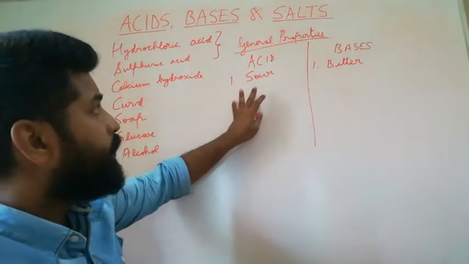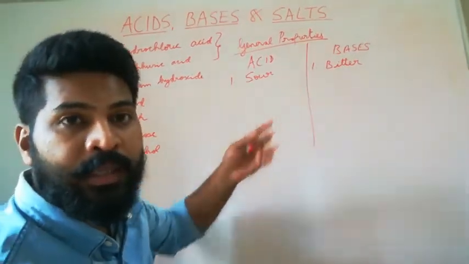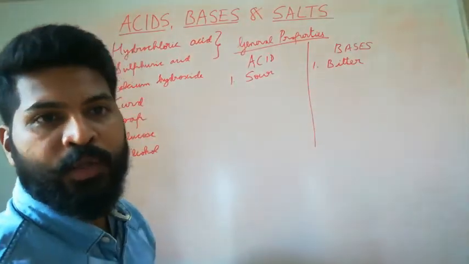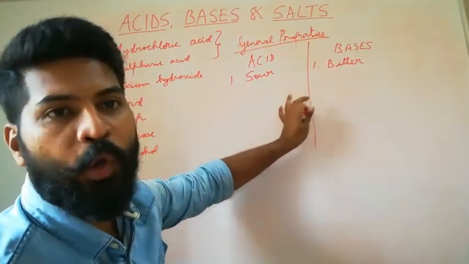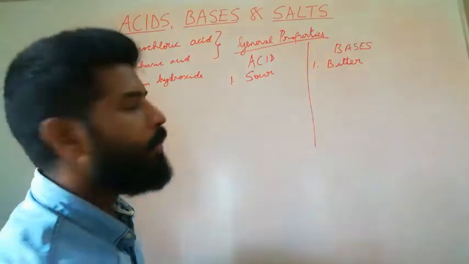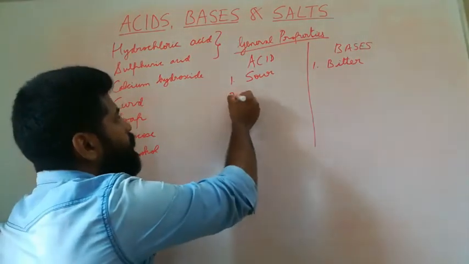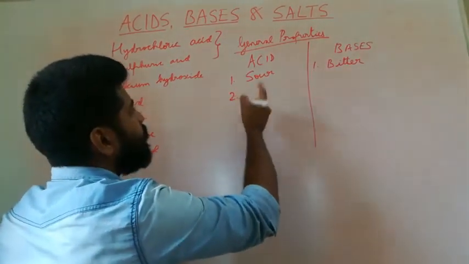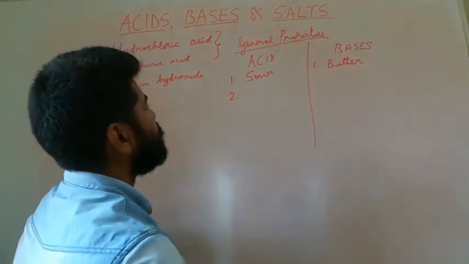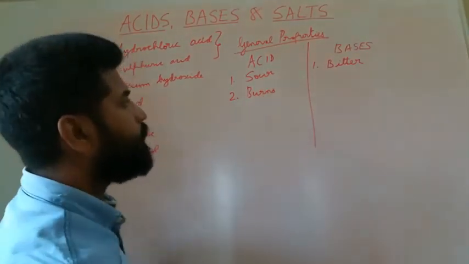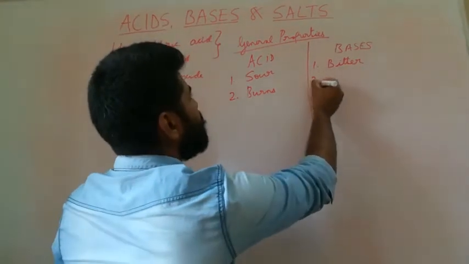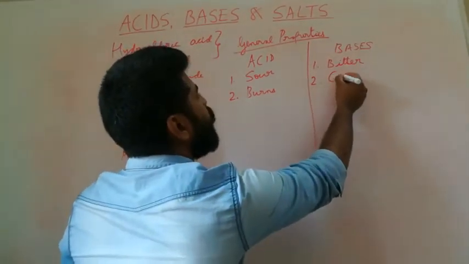But if these are acids and bases, they are of course harmful, so you cannot always taste them to find out whether they are acids or bases, because acids can cause burns on the skin, whereas bases are corrosive.